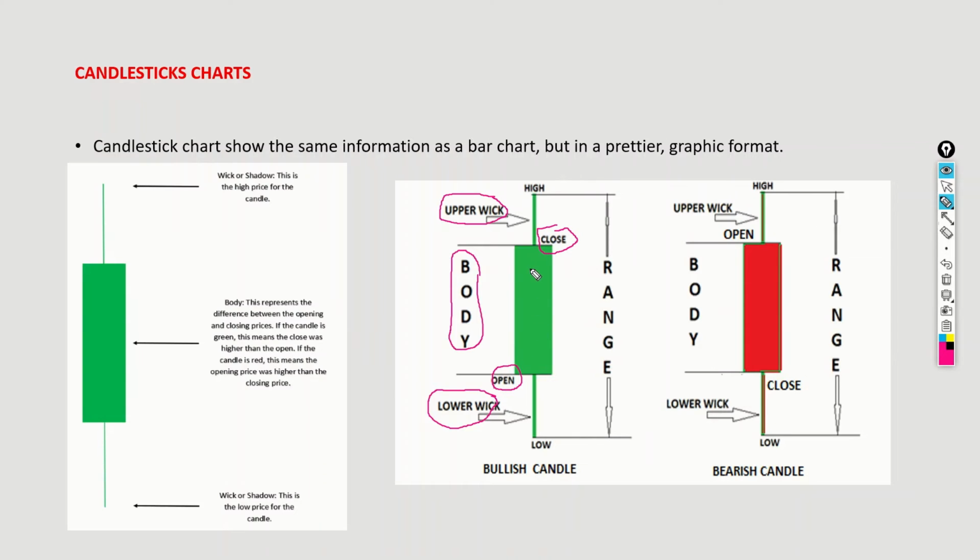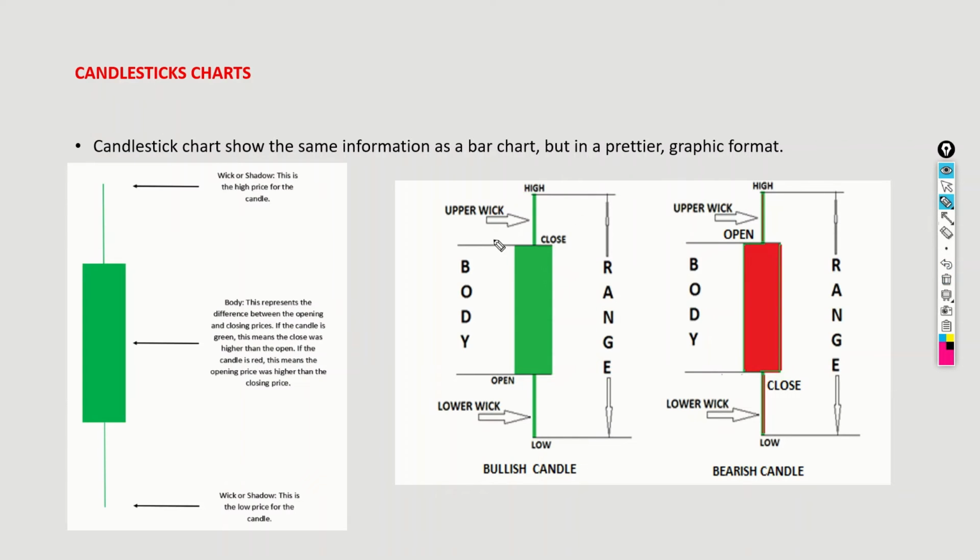That is where we get this body. The difference between the highest price and the lowest price traded is what we call the range of the candle. That is the range within which price has moved in that particular time frame, from here up to here.